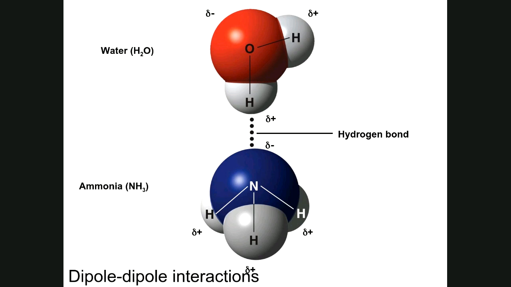So this is how a molecule of water will interact with a molecule of ammonia, by positive being attracted to negative. The pole that is slightly positive will interact with the pole that is slightly negative. This pole-to-pole interaction is a dipole-dipole interaction.